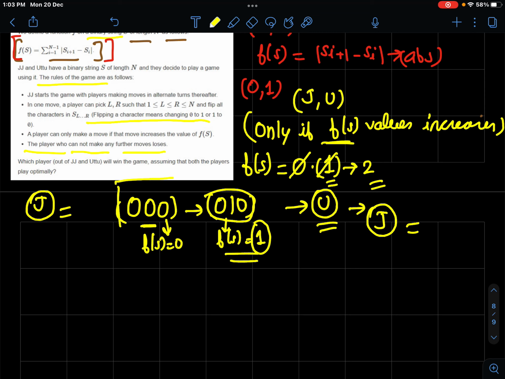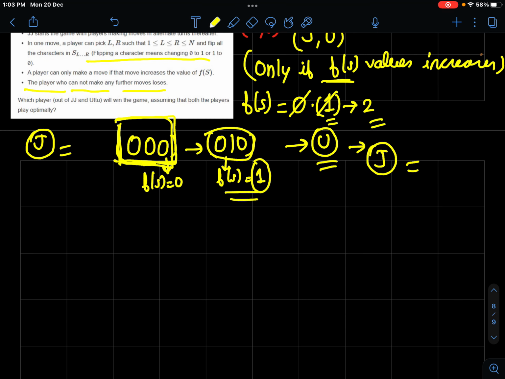Talking about this test case, we can take an observation from here, but first I'll explain one more test case and then tell you about the observation. Suppose this test case is there. In the previous test case we saw that J will win and U will lose.